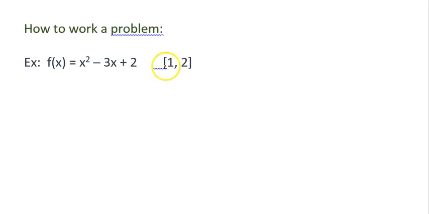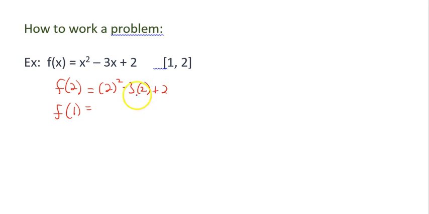Now, what makes it Rolle's theorem is when I do f of 2 and f of 1, I should get the same answer out, whatever that is. So f of 2 is 2 squared minus 3 times 2 plus 2, which is 0.